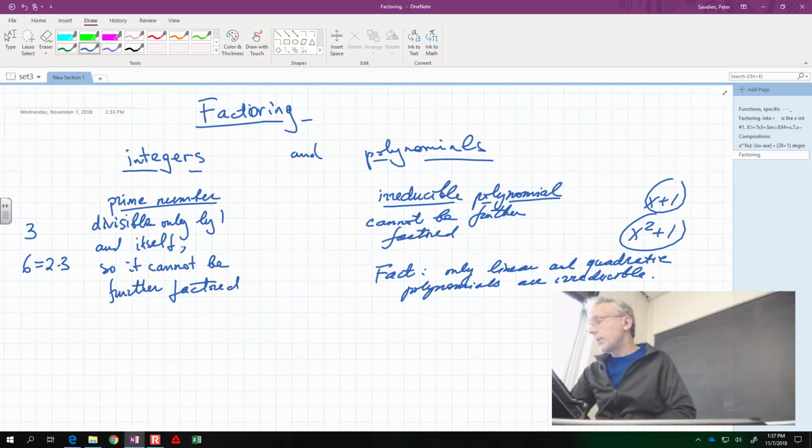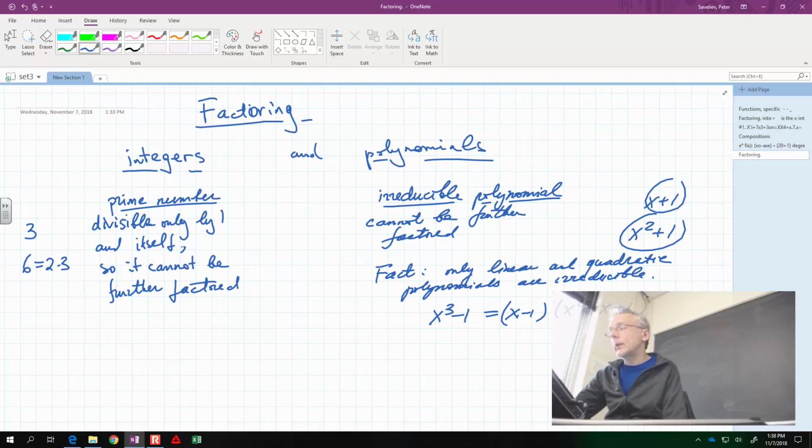For example, certainly x cubed minus 1 can be factored. It is (x minus 1) times (x squared plus x plus 1). Okay, so fourth degree polynomials can be factored, even though they are not necessarily the ones that can have actual x-intercepts. So some of the curves, some of the polynomials might look like this, but it doesn't mean that they cannot be further factored.